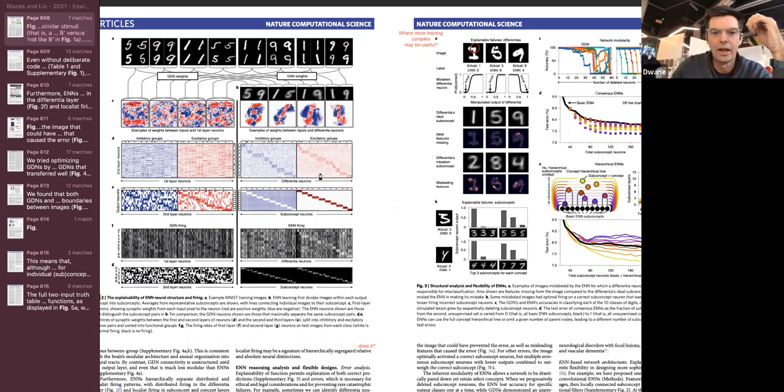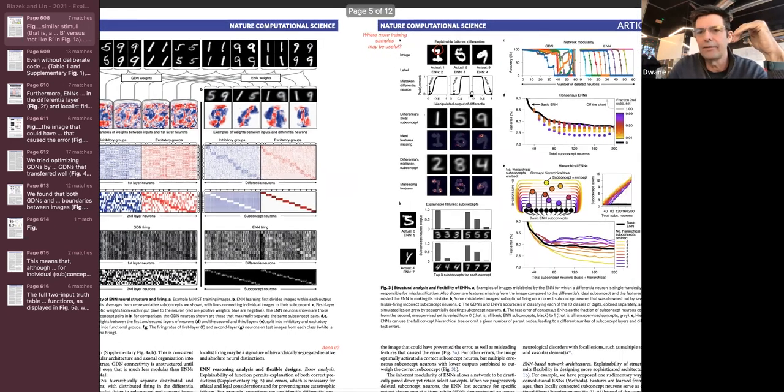You don't have to say the network might be looking here, and this might be a positive weight, and this might be a negative weight, and I've got to interpret it. You get far more deterministic and explainable reasons. So if you're looking at a 1 and a 9 here, you can see the different weights, what's positive and what's negative, and that actually starts to look like the figures.